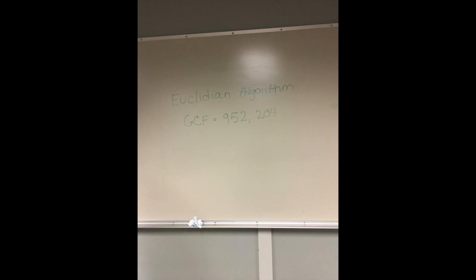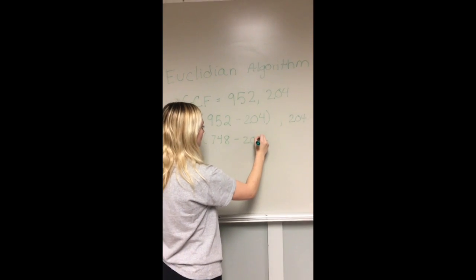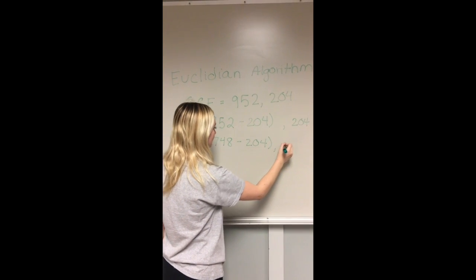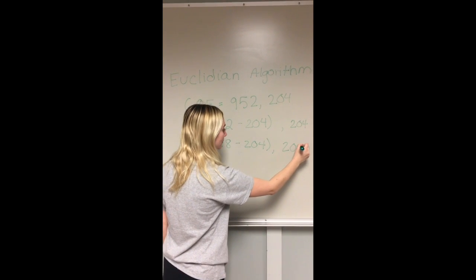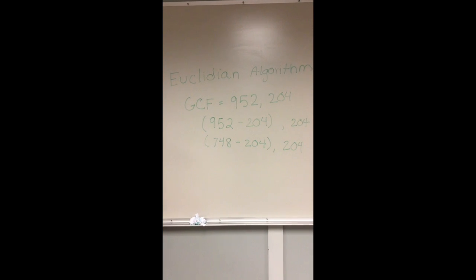To start off, write in parentheses 952 minus 204. 952 minus 204 is 748. Notice how 204 is brought down because it was the smaller number.